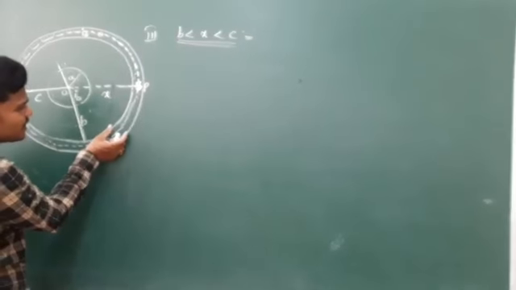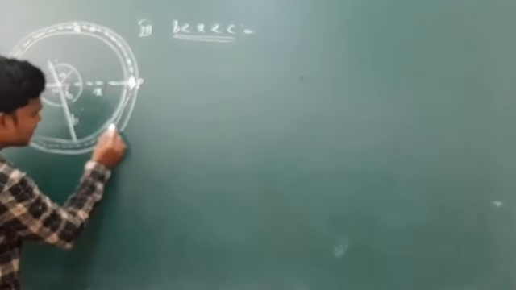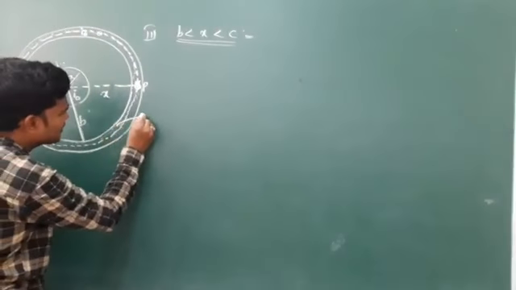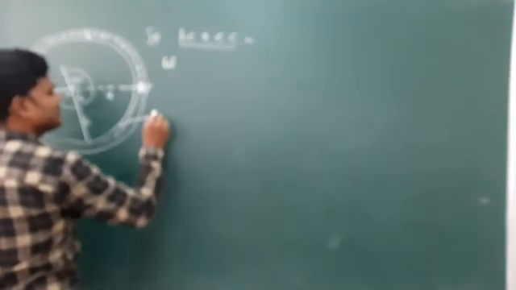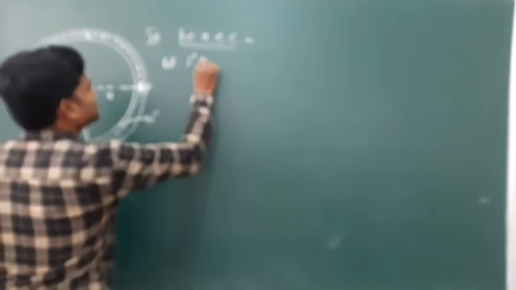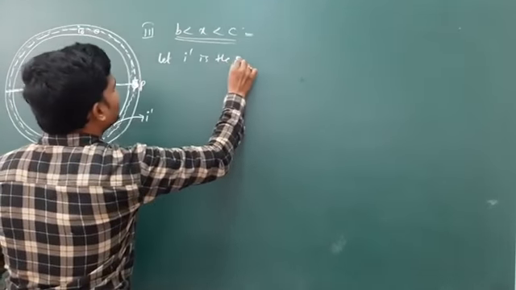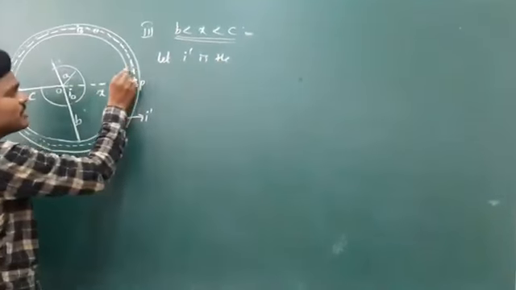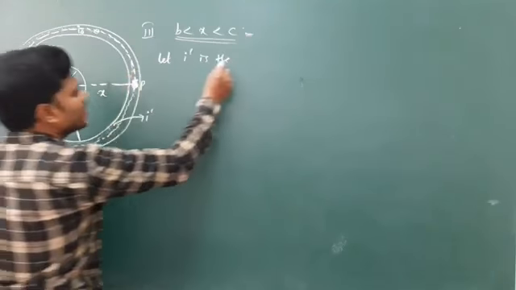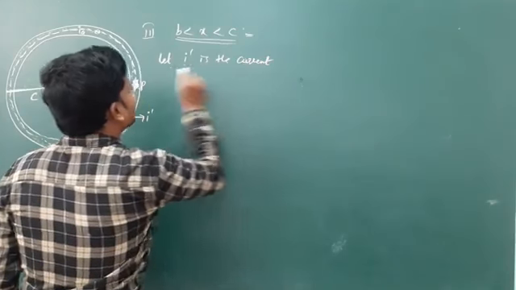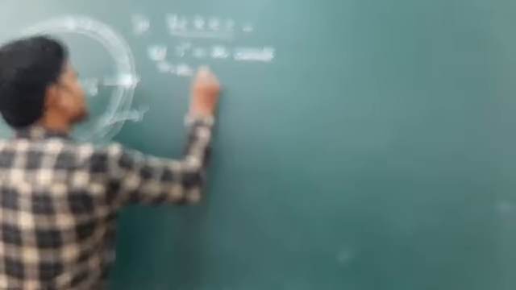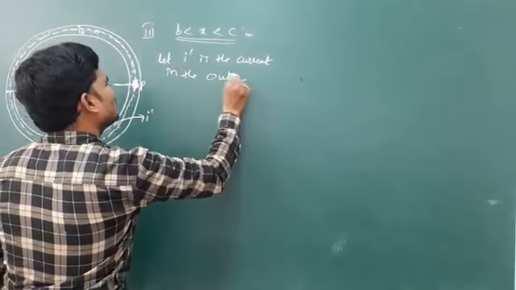See, this shell contains I naught current, but we need only this region's current. Let I dash be the current in the outer shell enclosed by only this loop.